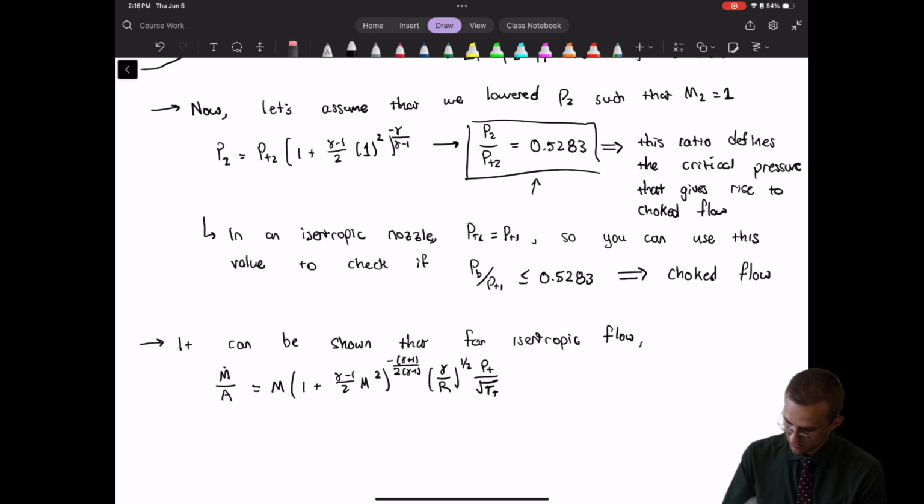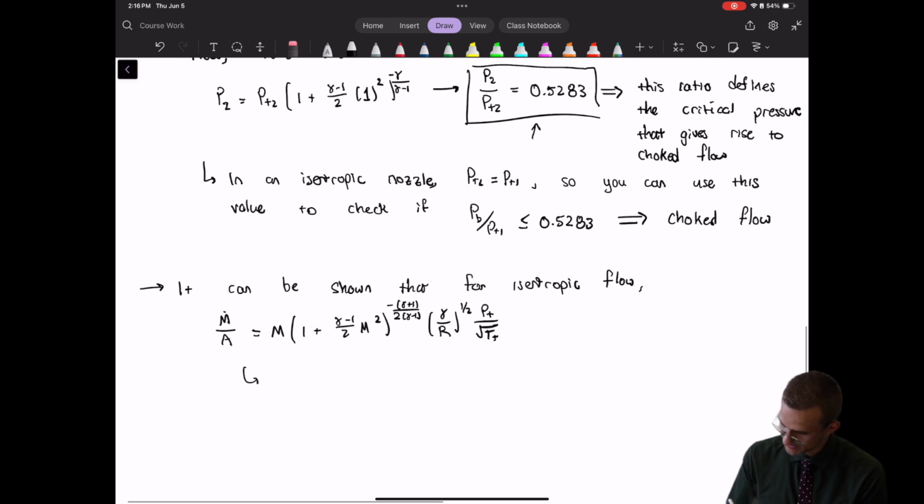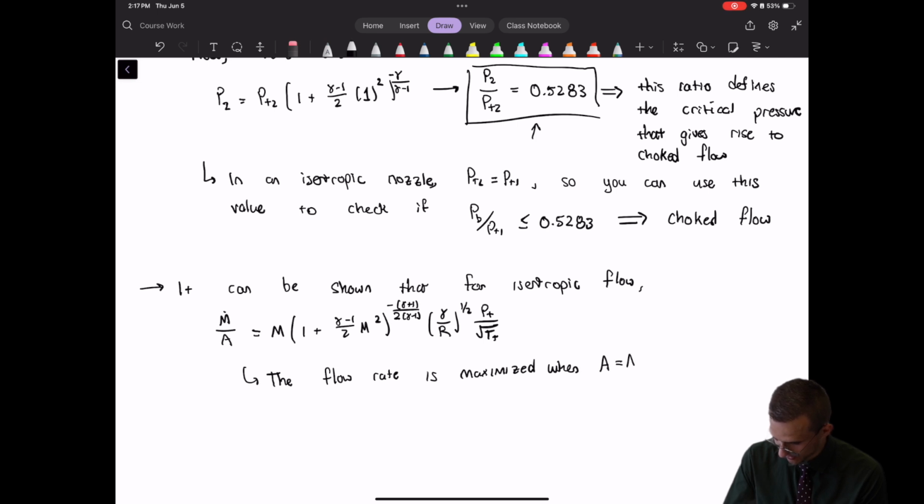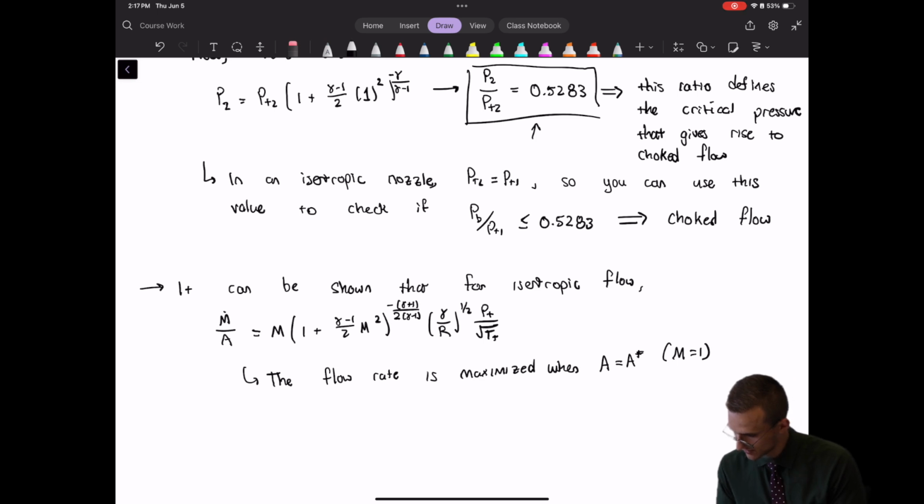Okay, so what this tells us is that the flow rate is maximized when A is equal to A star, which corresponds to M equals 1, of course. Okay?